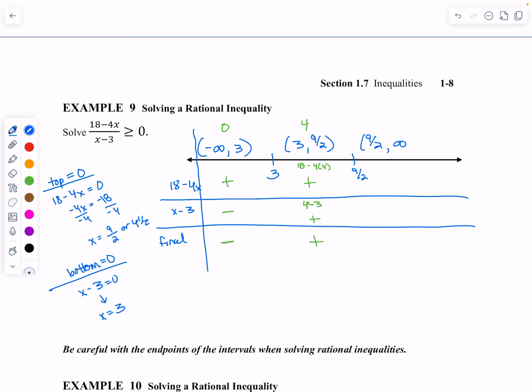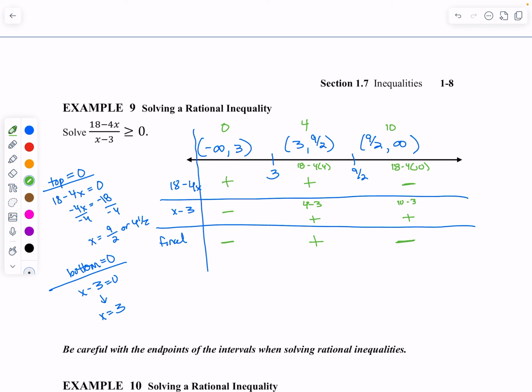Now let's look at the last one, 4.5 to forever. I like to use 10, but you can use whatever. 18 minus 4 times 10 is definitely going to be a negative number. Then the bottom, 10 minus 3, is a positive number. So a negative divided by a positive is negative.